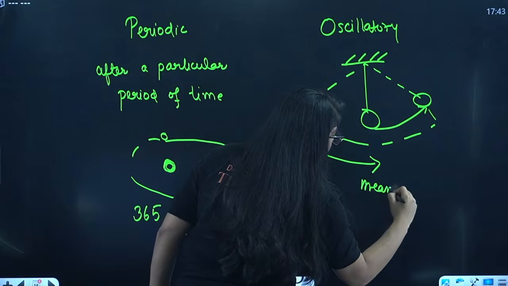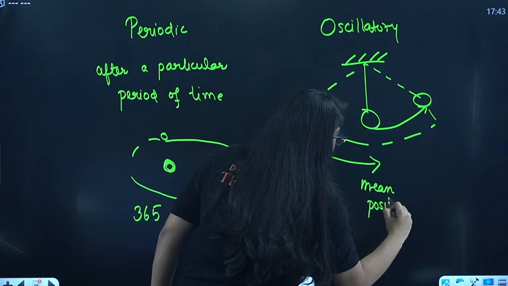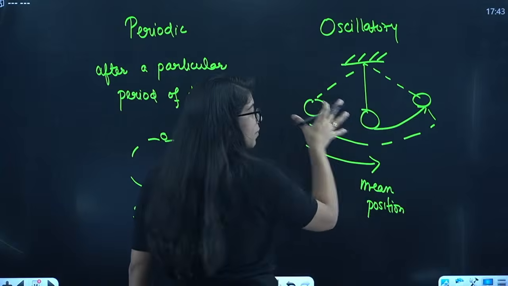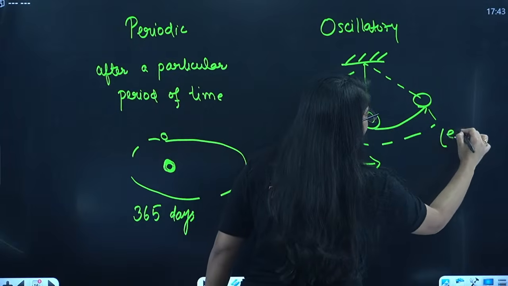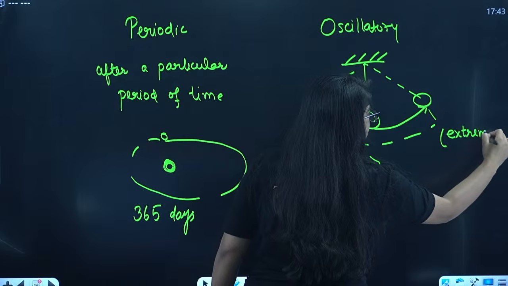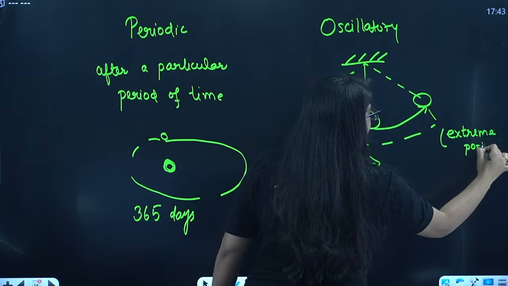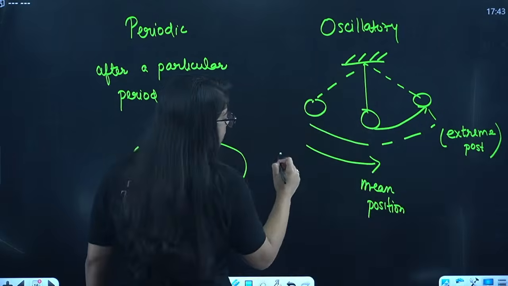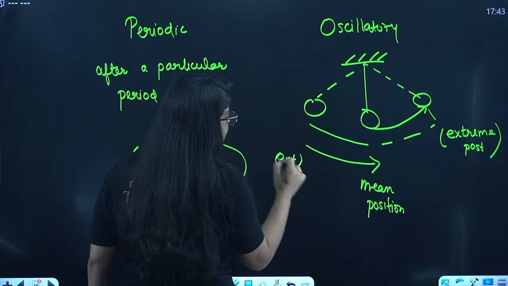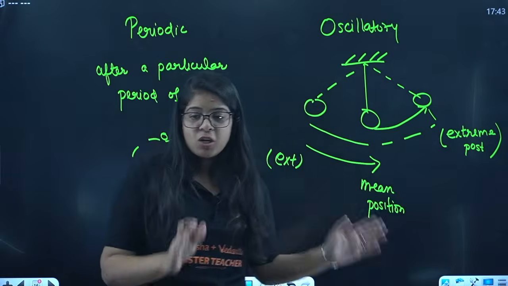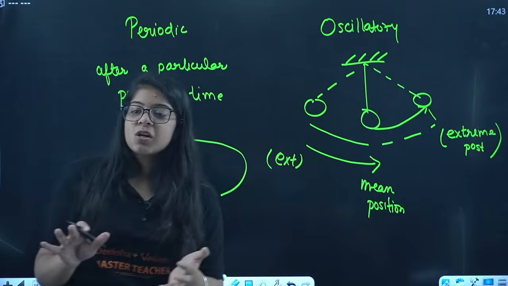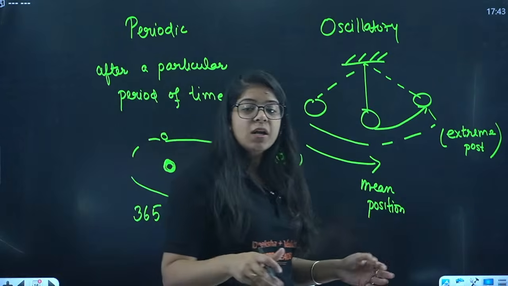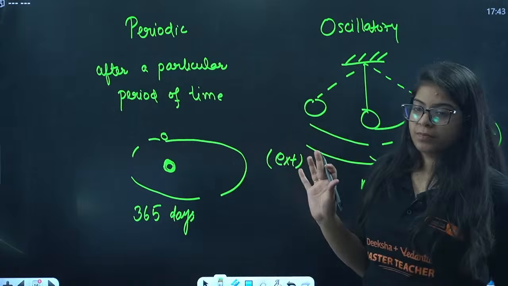This is called your mean position. It goes to an extreme position, and it comes back to another extreme position, and it comes back to mean position. So this whole motion is called your oscillating motion. Done?